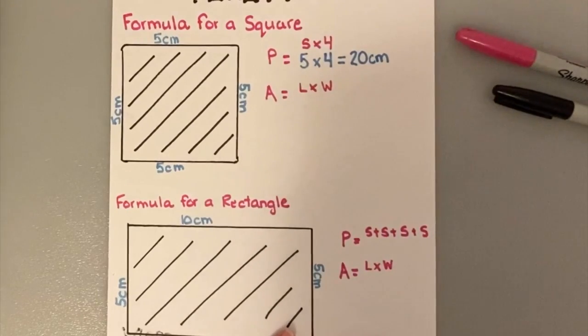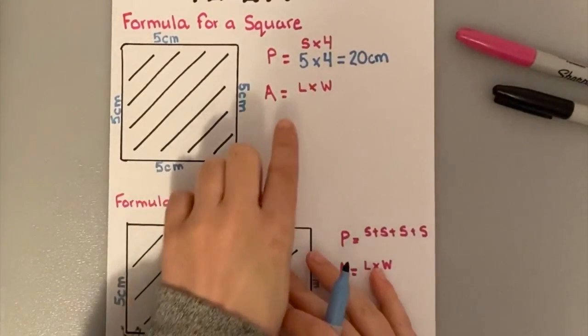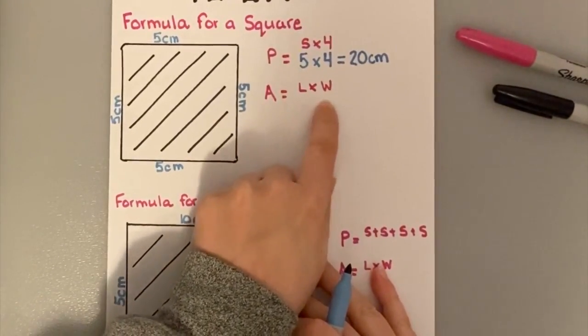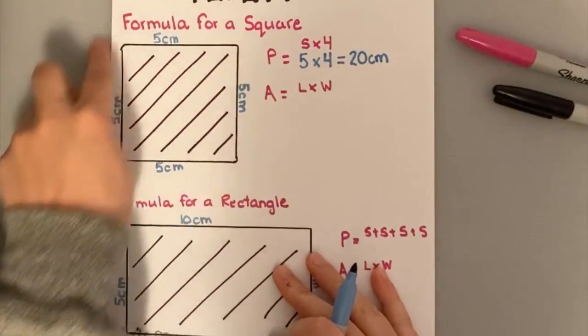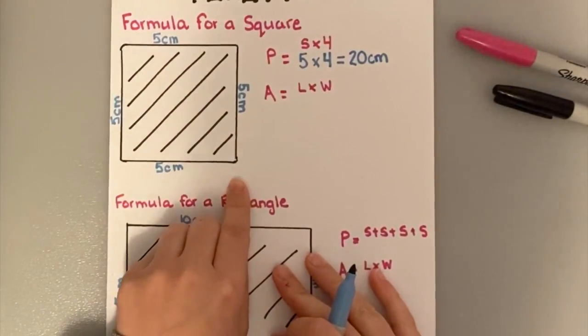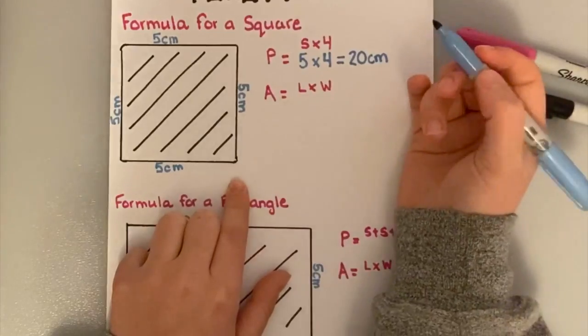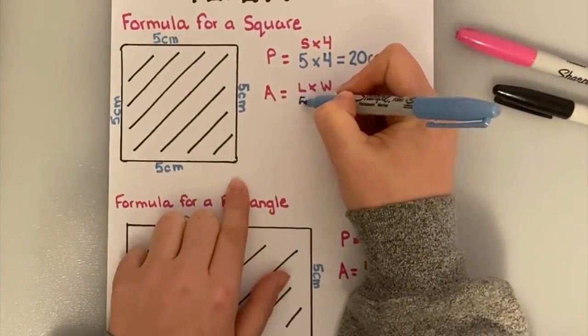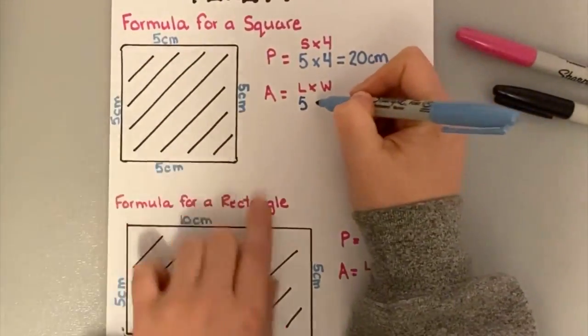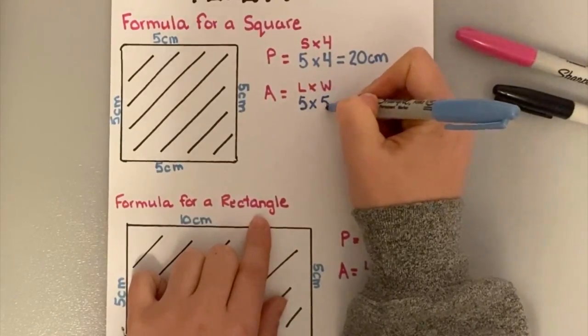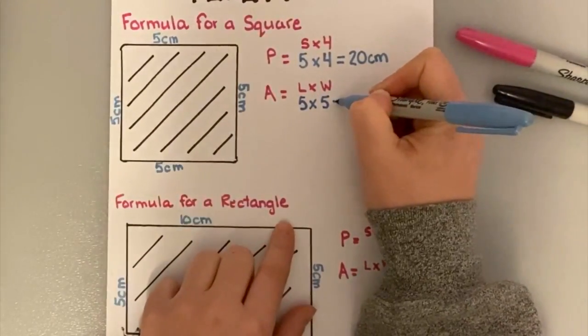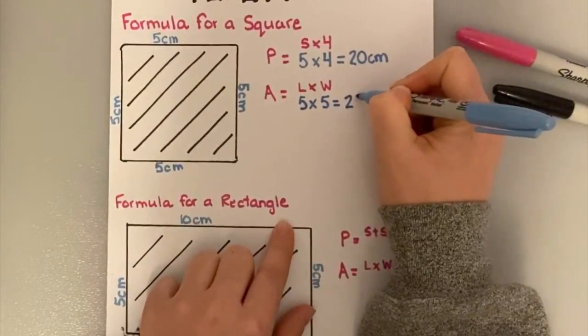Now, to find my area, I'm just going to multiply length times width. And in the case of a square, it's really easy because all of my sides are the same measurement. So I'm going to do 5, because that's my length, times 5, which is my width, which equals 25.